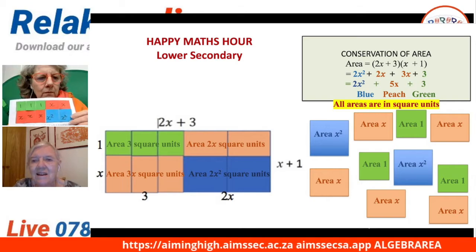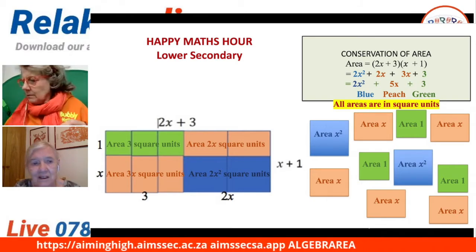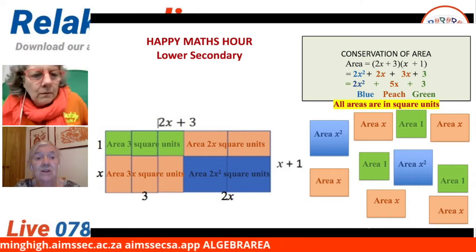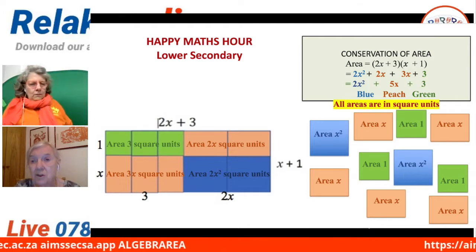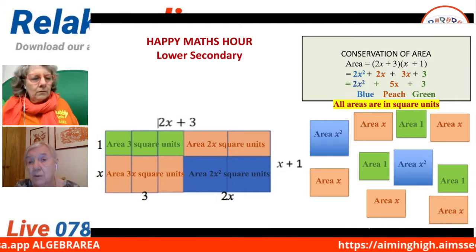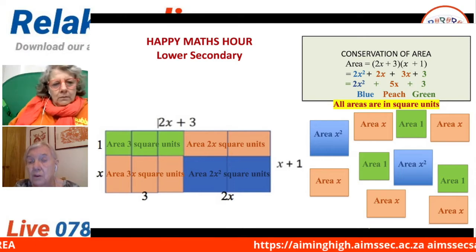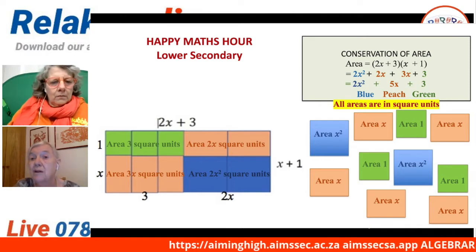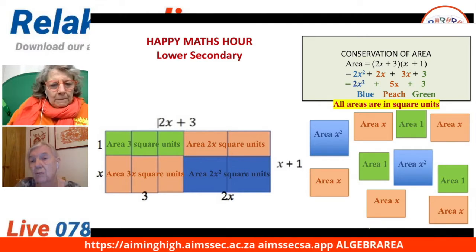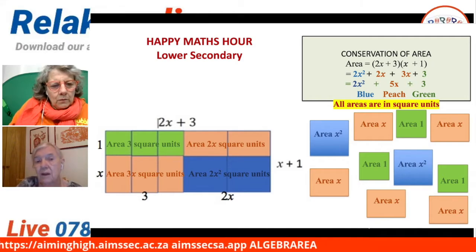Here you've got your 10 pieces and they go together, and you can see that 2x plus 3 times x plus 1 gives you 2x squared, and the 2x and 3x make 5x, and then you've got the 3, and we've put them in the 3 different colors.